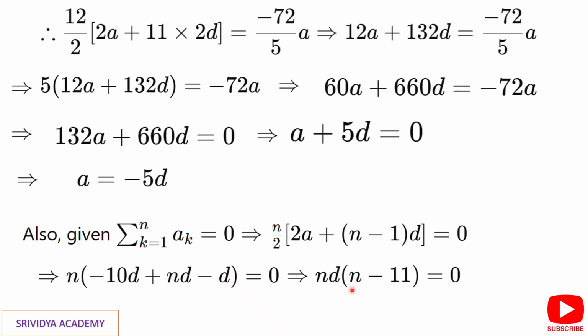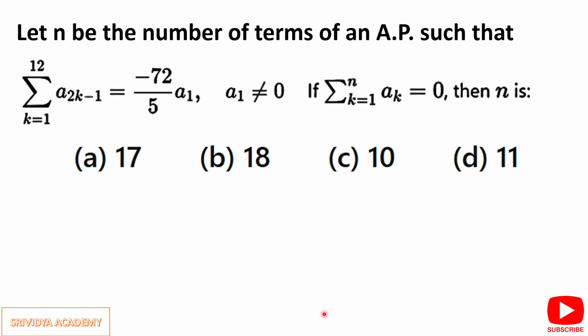Here I have n, and -10 and -1, which is -11. So nd into (n minus 11) is equal to 0. So this implies that n is equal to 11. So that is what was required. Among the given options, the right choice is option D, which is 11. Here we have been asked to find n, so we got n as 11.